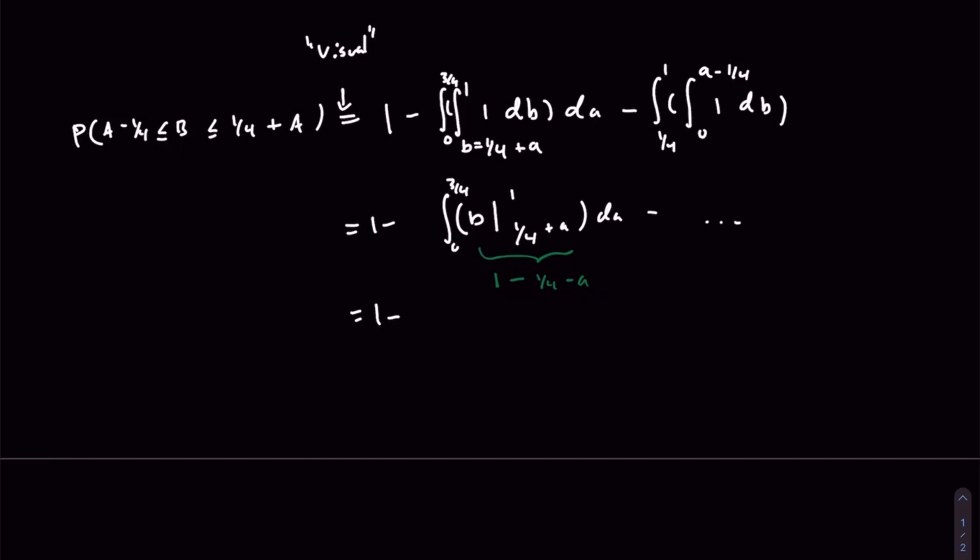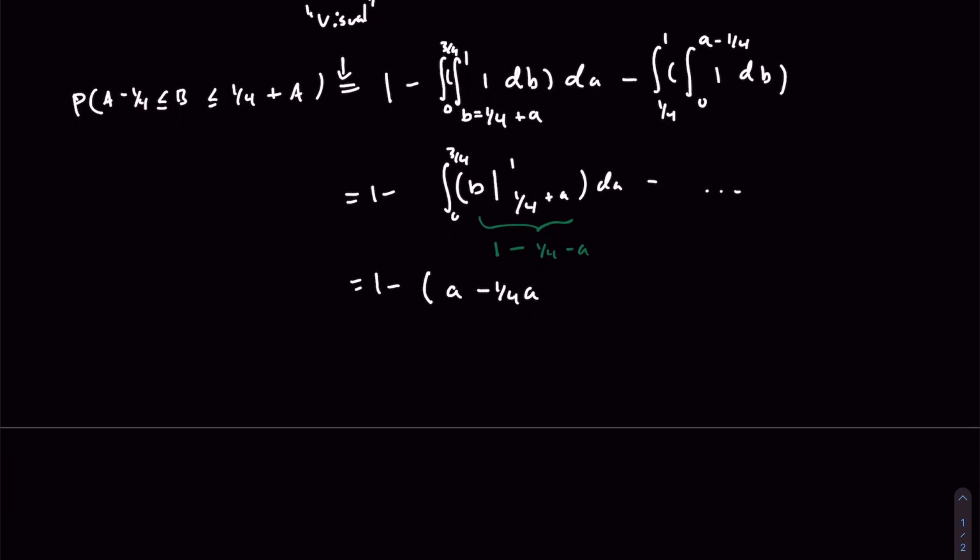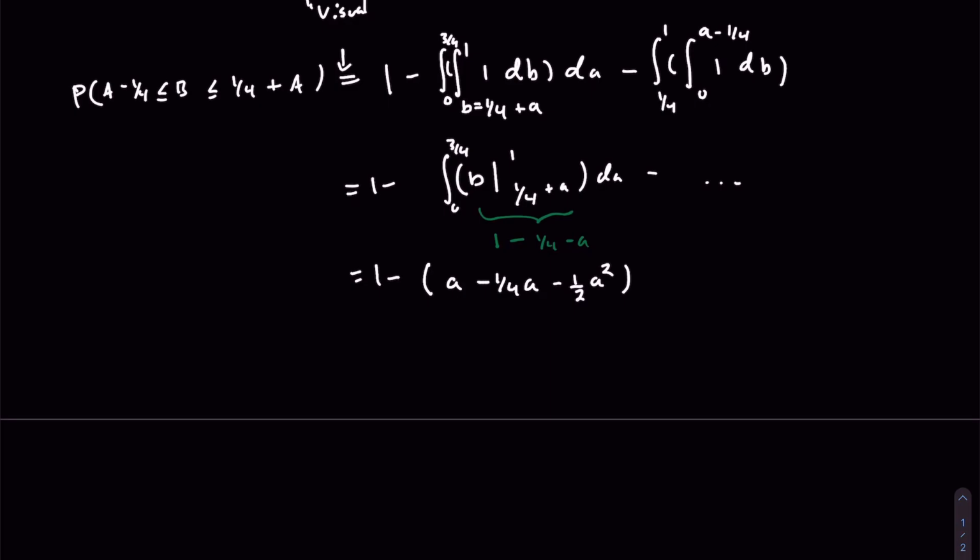We are integrating with respect to a, so that's a, minus 1/4 a, and then minus half a squared, from 0 to 3/4.